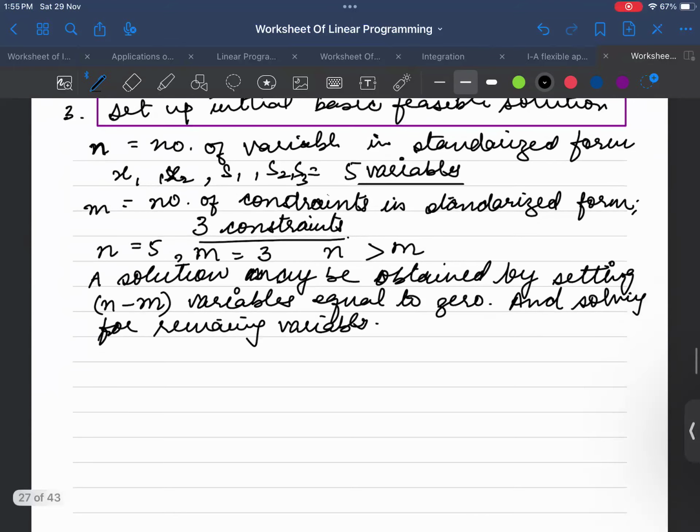A solution may be obtained by setting n minus m variables equal to 0 and solving for the remaining variables, right? So it would be easy.